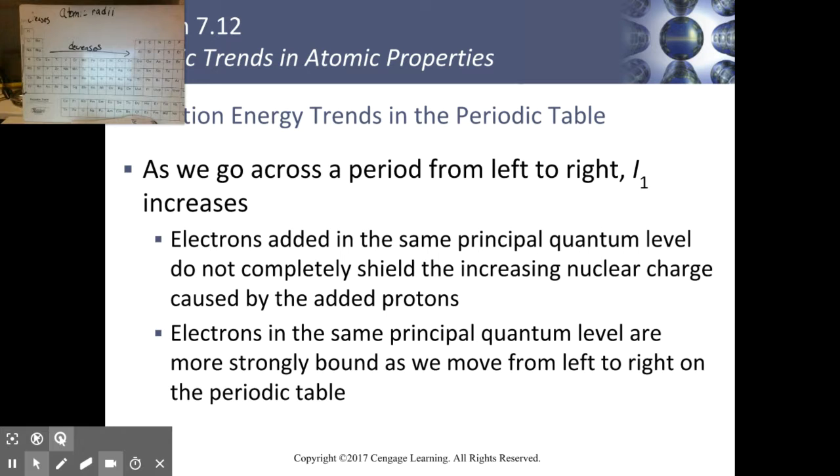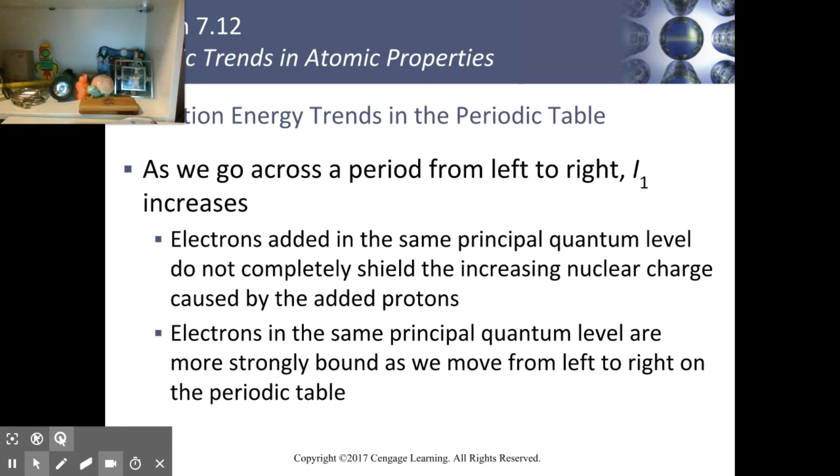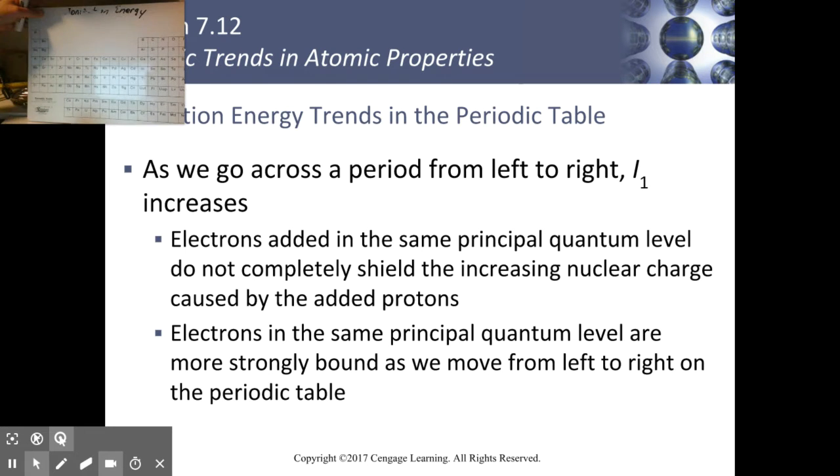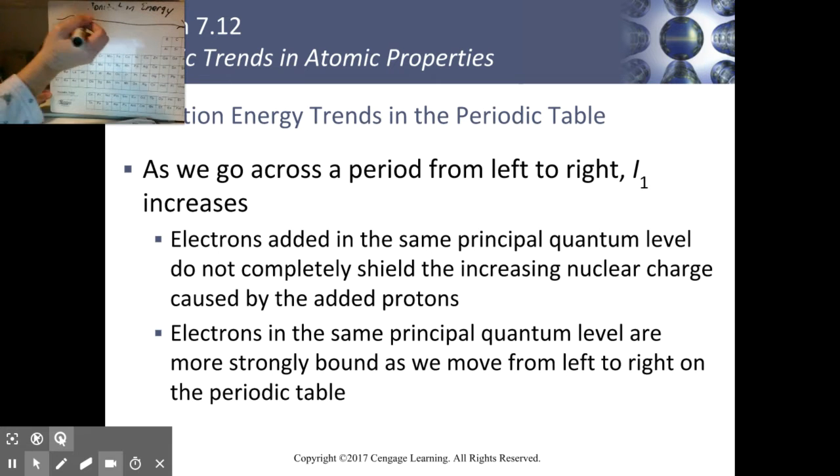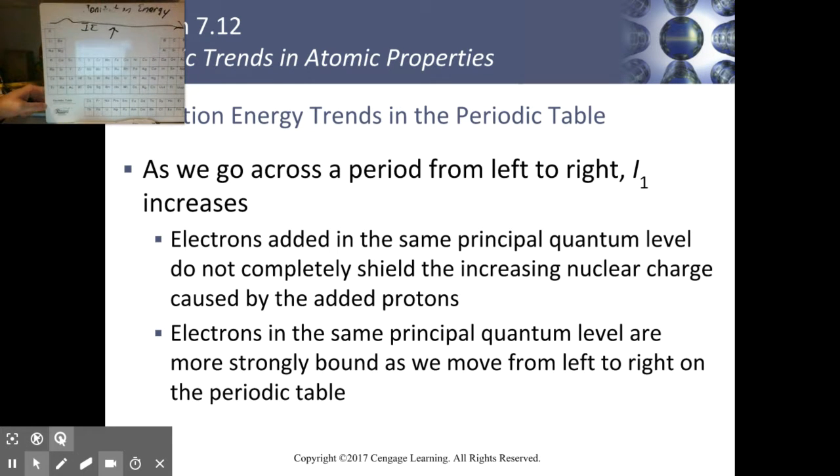Therefore, for the ionization energy, the energy it takes to remove an electron increases as you go from the metals to the nonmetals. So your IE increases as you go from the metals to the nonmetals.